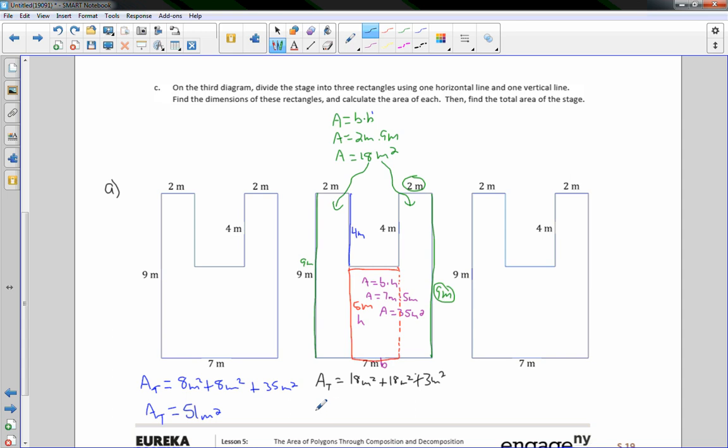So the total is the area, 3 areas total. So 18 plus 18 is 36, plus 35, 36 and 35 is 71 meters squared. Okay, one thing I need to fix here. This whole side is 7 meters. So let me go back and fix this here.